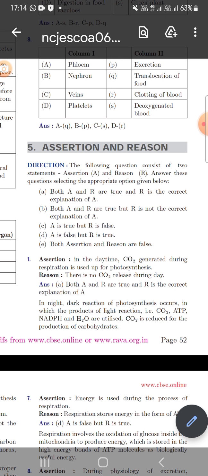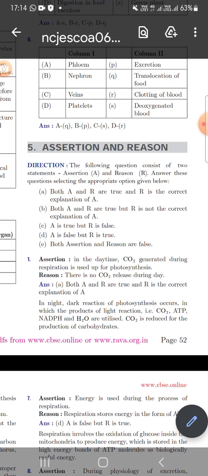Now, to arrive at the option, whether it is A or B or C or D, check the statement of reason. Is it speaking in terms of the assertion statement, enhancing or speaking about the assertion?